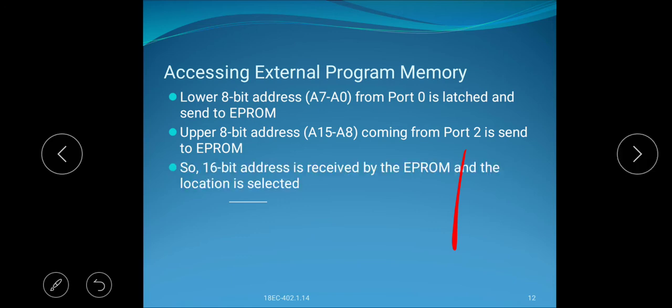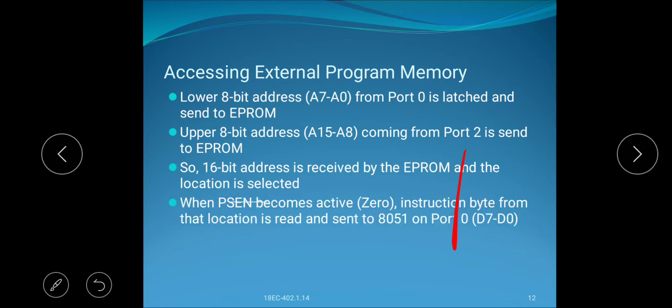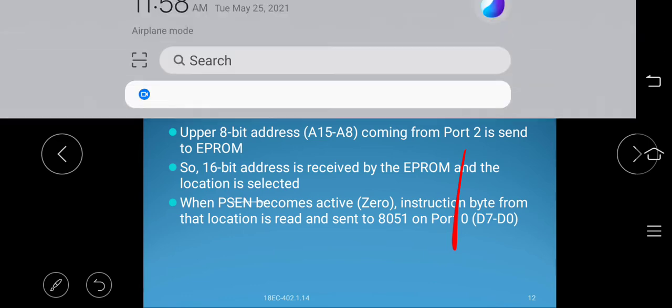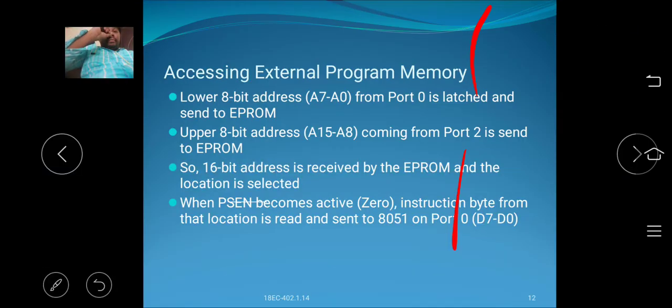So the 16-bit address is received by the EEPROM and its location is selected. When PSEN becomes active, that is 0, the instruction byte from that location is read and sent to the 8051 on port 0, D7 to D0.